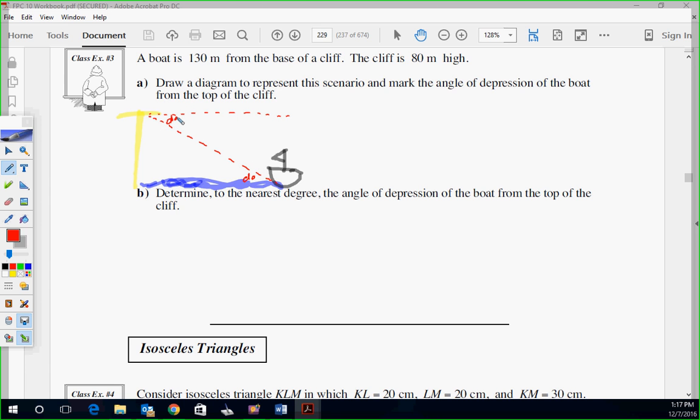These are both the depression angle. These angles are equivalent. So you can draw it two ways. Here's your two ways. Stay with me. You can draw it this way. This right here is the 130. This is 80. Or you can draw it this way.